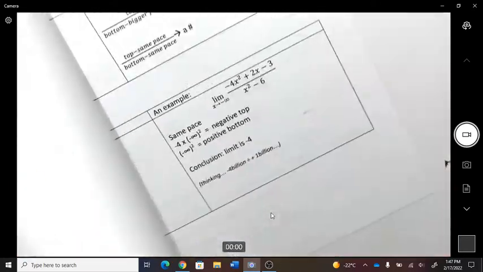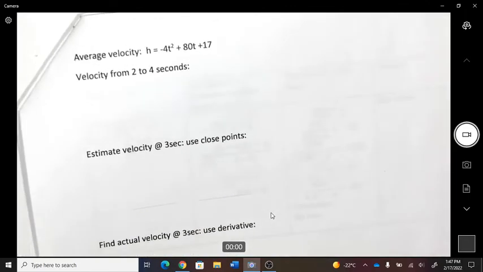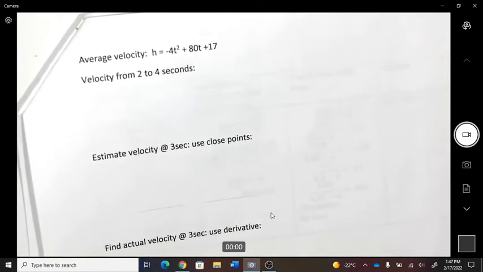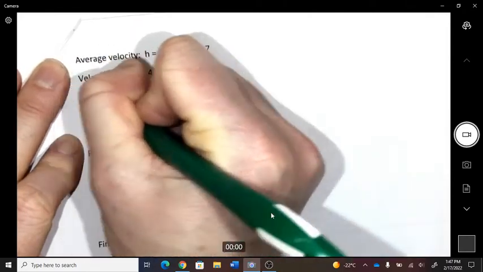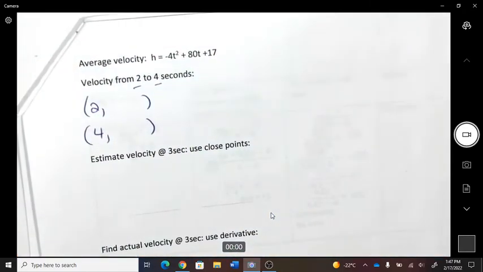Okay, then this is the last question on your test. Get the velocity from 2 to 4 seconds. So this is where we're starting. I need coordinates. 2 coordinate 1.